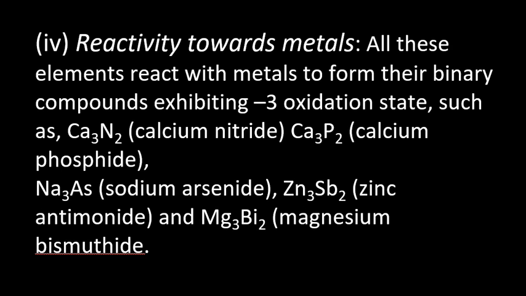These metallic compounds which are formed exhibit -3 oxidation state, such as when nitrogen reacts with calcium, it forms calcium nitride, and when phosphorus reacts, it forms calcium phosphide.